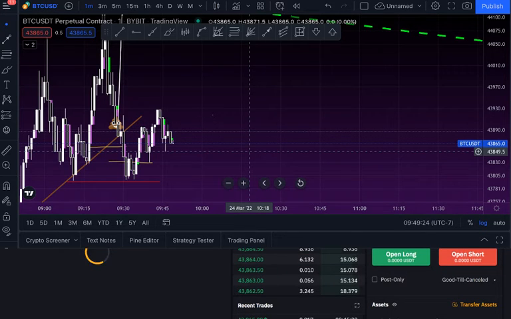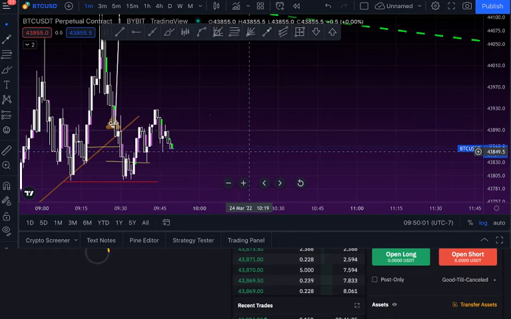I don't know if they're going to get the pullback or if they're just going to rip it. So we still haven't broke the third candle there, and we're getting pretty close to the swing low, which we don't want to see break.